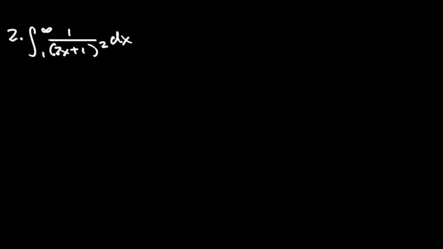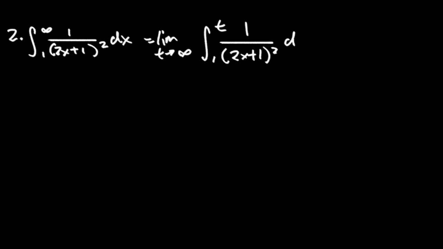All right, let's try this one then. So the limit as t approaches infinity of the integral from 1 to t of 1 over (2x plus 1) squared dx. Okay, how can we integrate this? I guess use substitution.